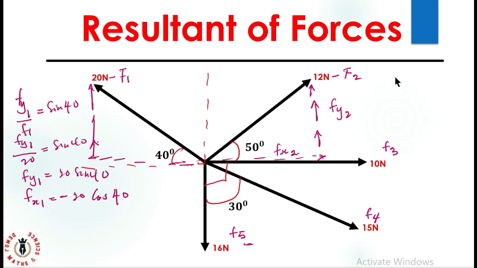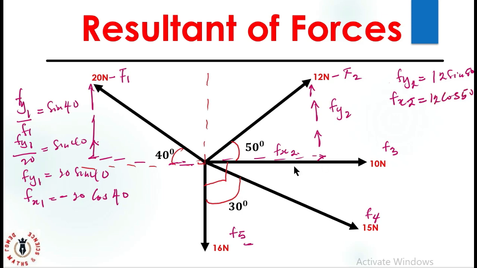For F2y, F2y over F2 is equal to sine 50. So F2y will be equal to F2, which is 12 Newton, times sine 50. The same thing will happen to F2x: F2x will be 12 cos 50.